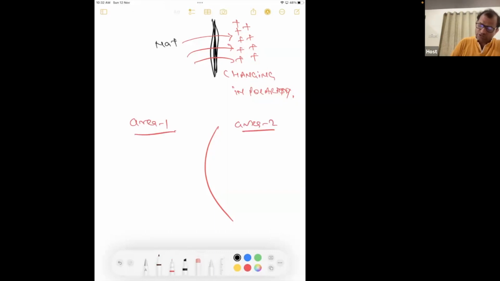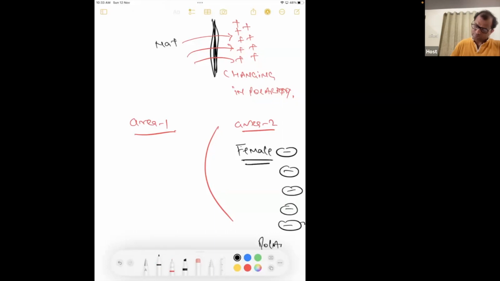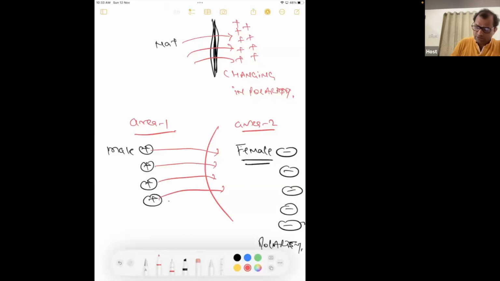In area 2, there are lots of females, and we know females, so there will be minus polarity. And in area 1, there are lots of males, so having plus polarity, right? As soon as too many males go to the other side, they will bring a different type of polarity. So this is called changing in the polarity.